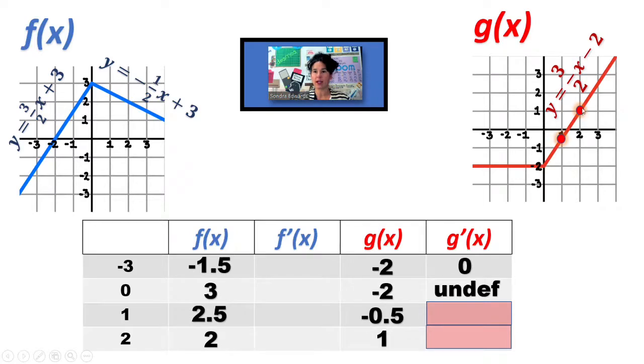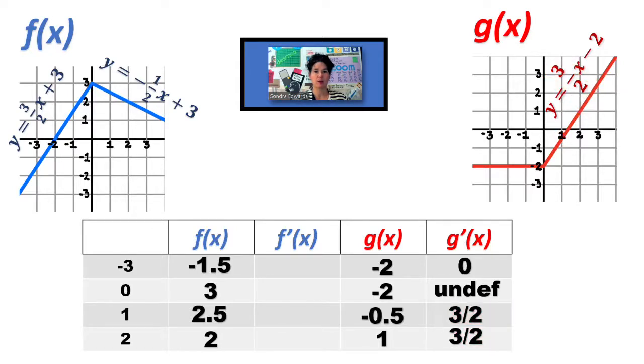So here's 1 and here's 2. Both of these points are on the same line. And the slope of the tangent to a line, the derivative, is the same as the slope of the line. And we already wrote the equation, so we can see that the slope there is 3/2. And so the answer to both of those is 3/2.